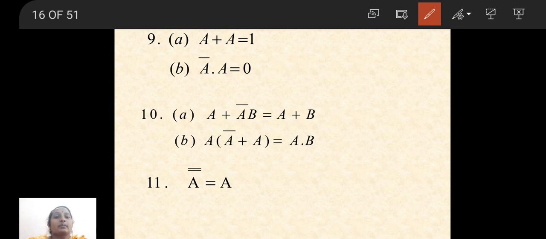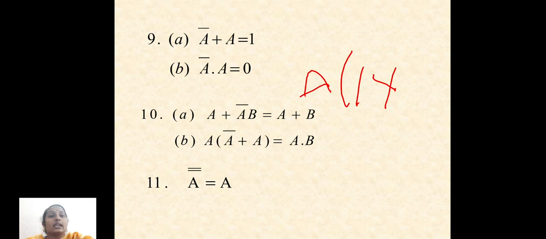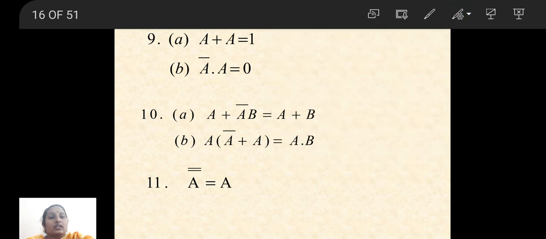And see here, A plus A bar B is equal to A plus B. How is it possible? Once check. Taking A common, A into 1 plus something, here we are getting A bar B. So no possibility of taking a complement. So A plus A bar B, what are we taking common here? A plus A bar.